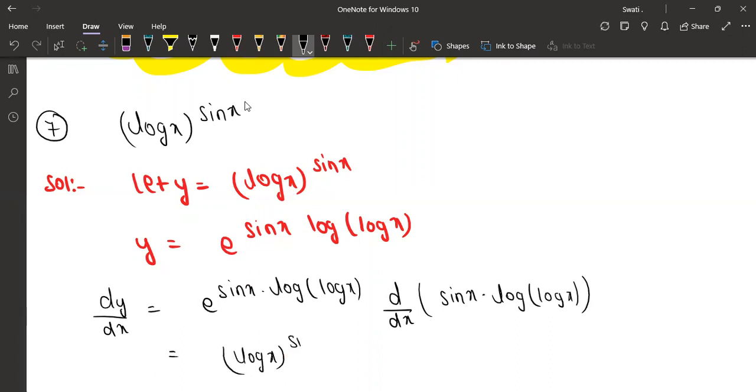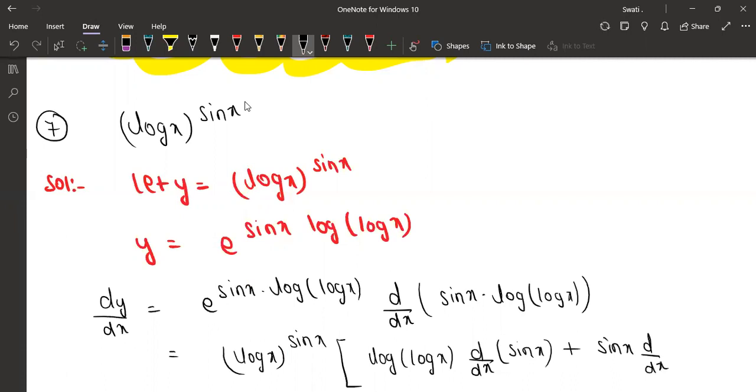Now, this function we can write as it is, back to the previous one, log x raised to sin x. And here use the product rule. So we will keep log x as it is, right? And we will do the derivative of sin x. If you just notice the pattern properly, it's very simple. And then we will keep sin x constant, and we will do the derivative of log x.